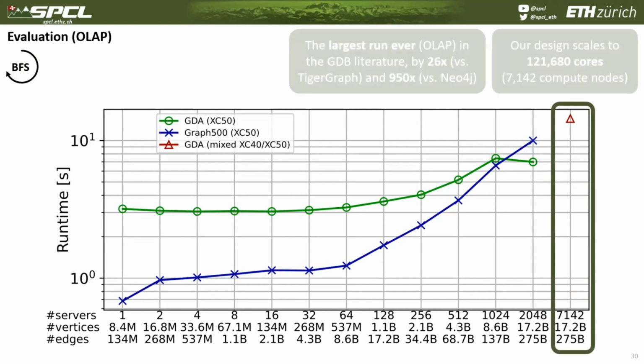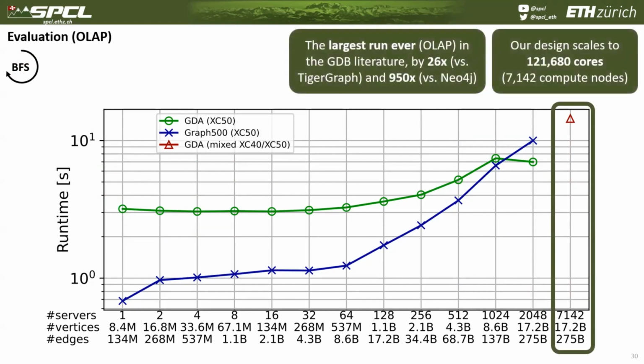On one hand, we can see again that we scale successfully to the full size of Piz Daint, which is, on the other hand, this time the largest run ever for OLAP queries in the literature, improving by more than 26x versus the larger scale published for the TigerGraph database, and 950x versus Neo4j.